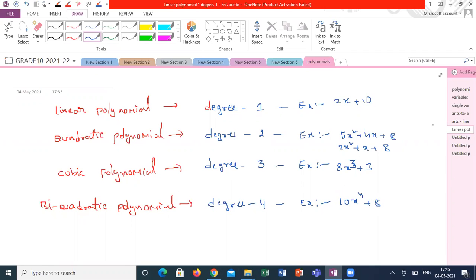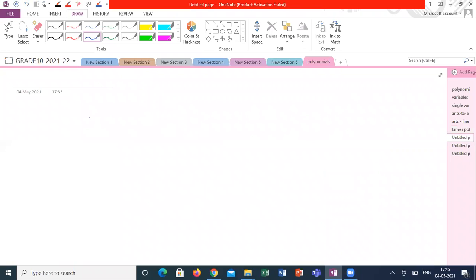Now, if I am writing an equation like this, x square plus y square plus 2xy plus 3x plus 4y plus 8, in which category do I have to keep this one?